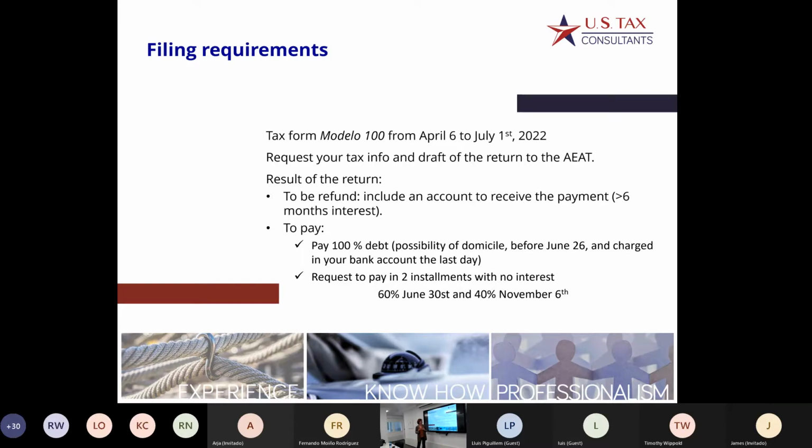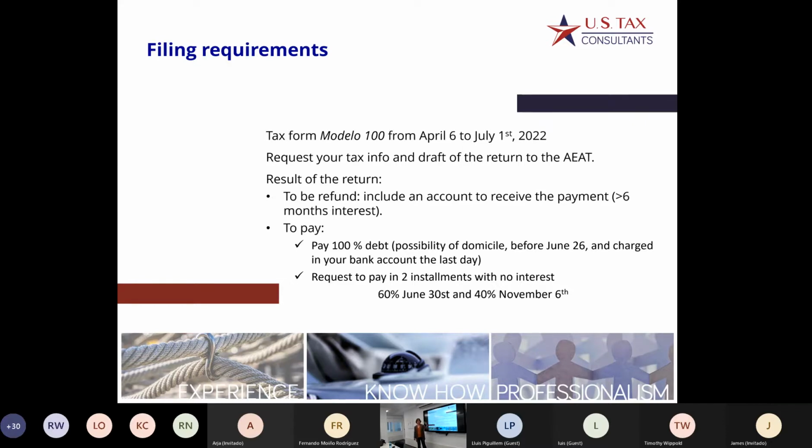Once you file the return, it can be to refund, okay, where the tax administration will have to refund you. They have 6 months to pay. The 6 months count since the last day to file the tax return, so from July the 1st, okay, so it doesn't mean that if you file April 6th, the term the tax administration has to refund is the same one as if you file July 1st, okay?